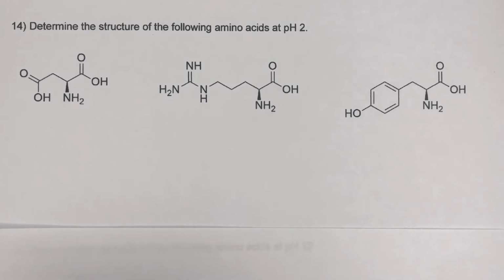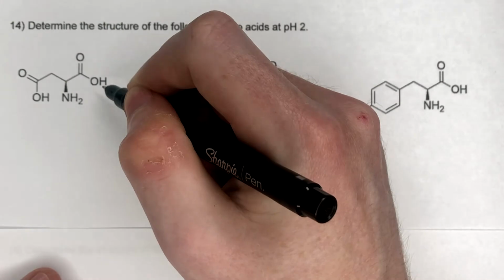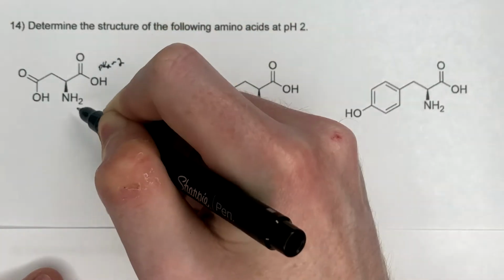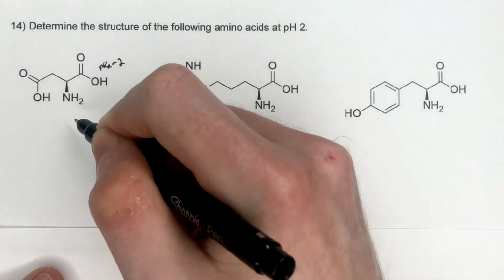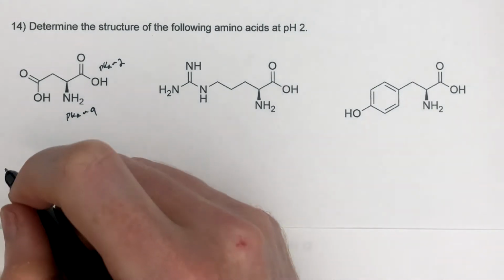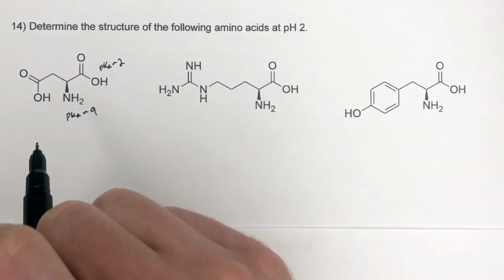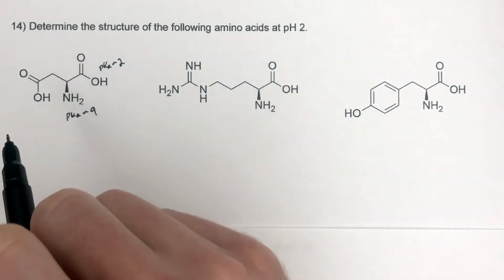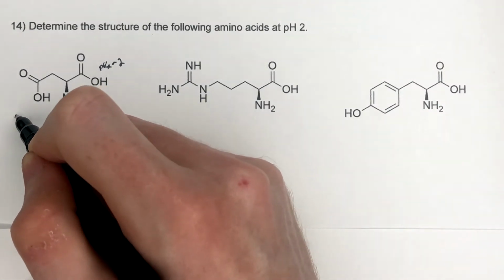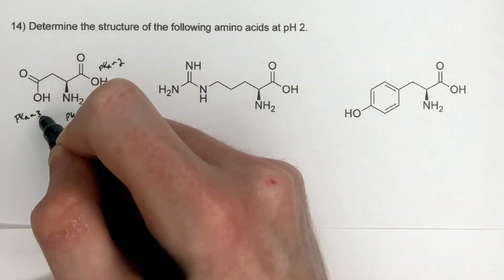So this amino acid here is aspartic acid, and we have three ionizable groups: the alpha carboxy, which has a pKa of about 2, the alpha nitrogen, which has a pKa of about 9, and then we have the terminal, the side chain ionizable group, which has a pKa of about 3.5.